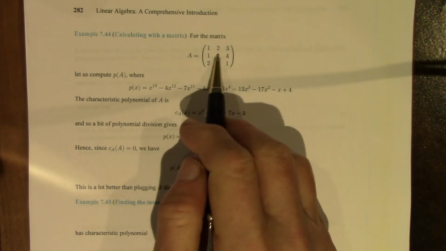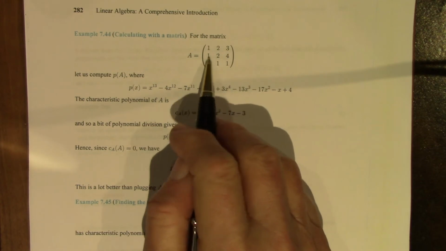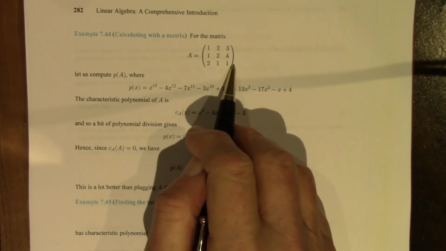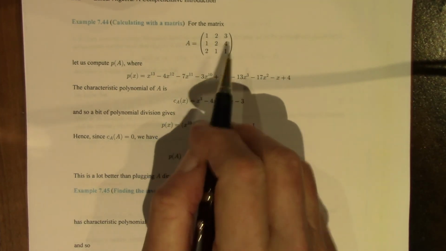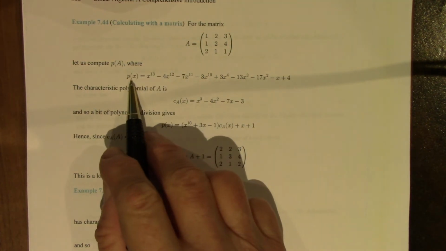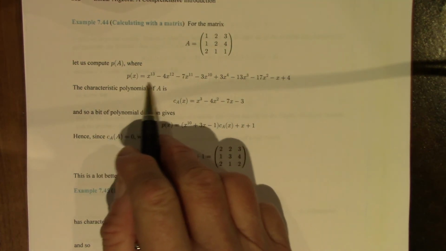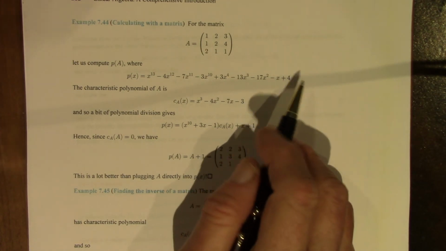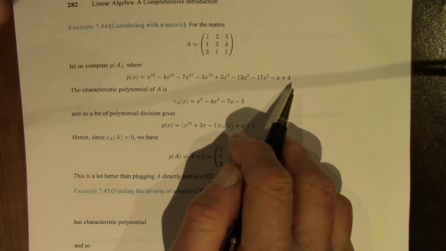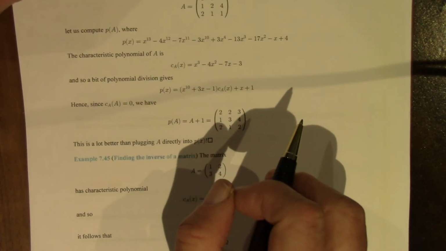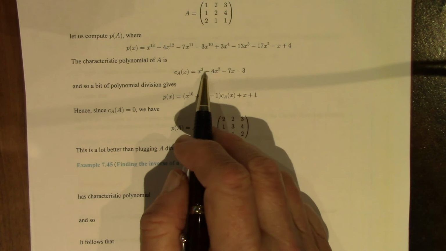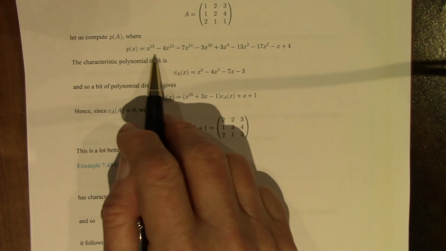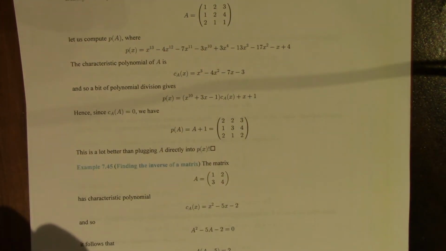Just calculation with a matrix. Take this matrix, for example, and suppose I asked you to compute P of A, where P of x is this simple polynomial. This would be a good test question also. Well, if you started to just substitute into this polynomial, you'd go crazy pretty soon.